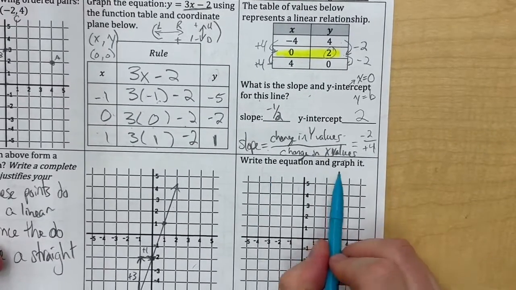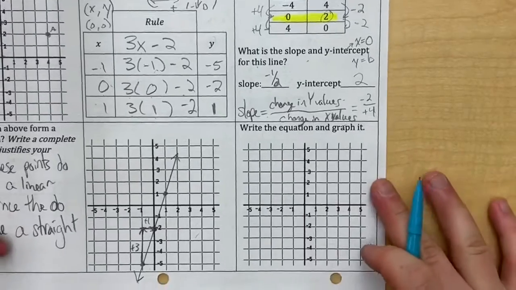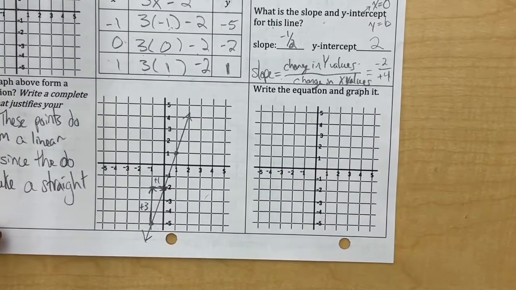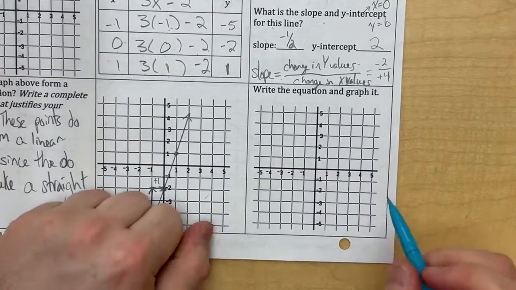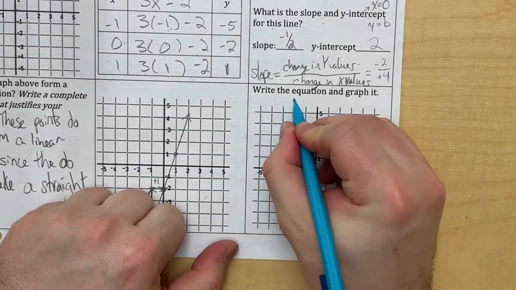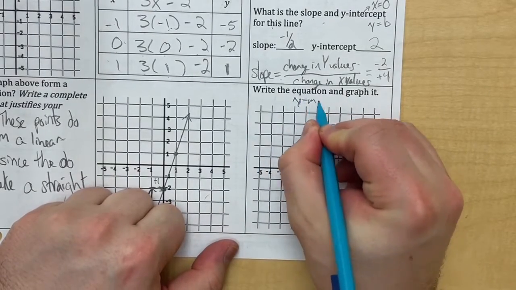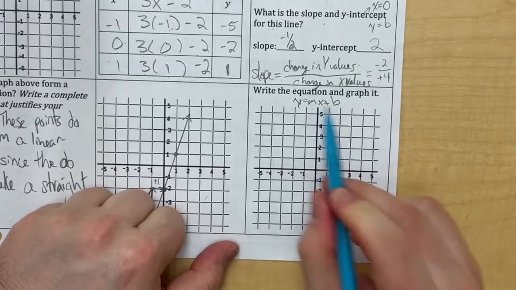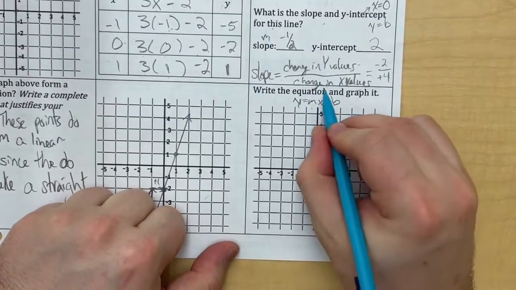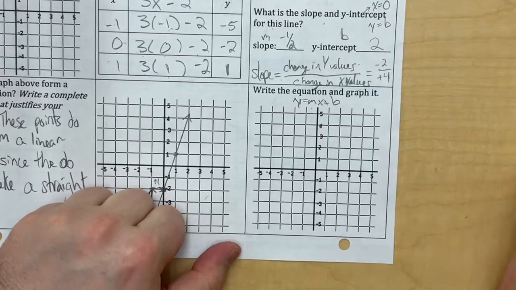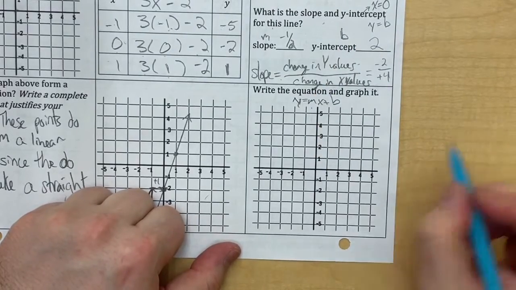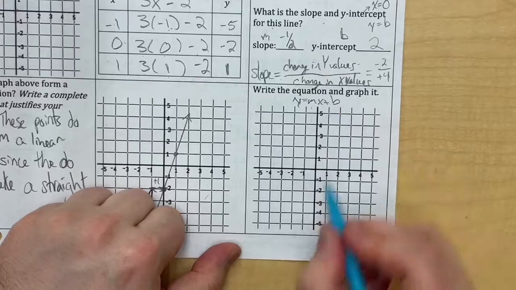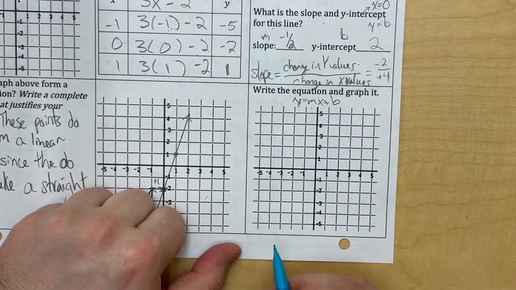Now we have to write that equation and graph it. So let me scroll down to the bottom here. It is always in the form y equals mx plus b. And so we're going to say, all right, wherever we have m, that's our slope. Wherever we have b, that's our y-intercept. And so we're going to replace these variables with those values.